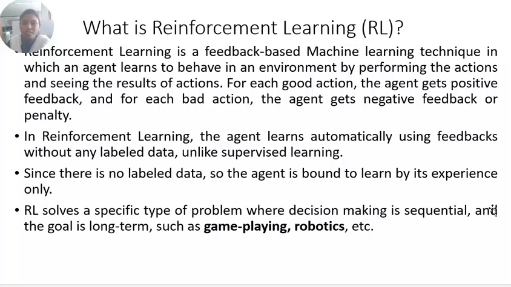Reinforcement learning is a feedback based machine learning technique or approach where the agent learns in an environment by performing different actions, and for each good action the agent gets positive feedback, and for each bad action the agent gets negative feedback or a penalty. Reinforcement learning agents learn automatically using feedback without any labeled data, unlike supervised learning.